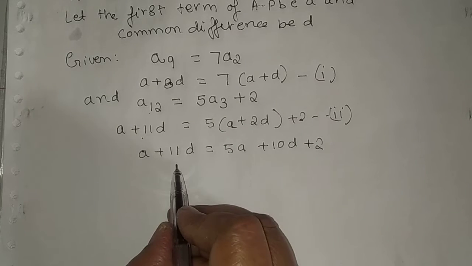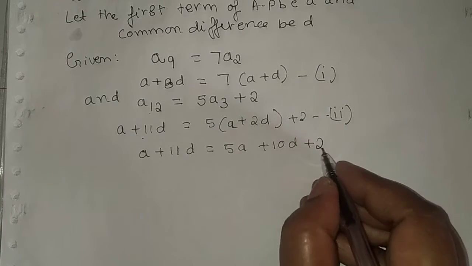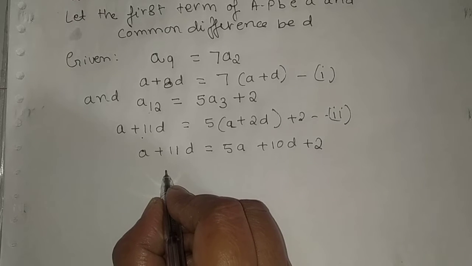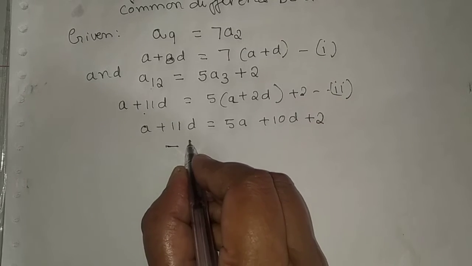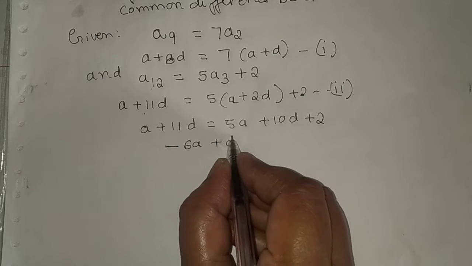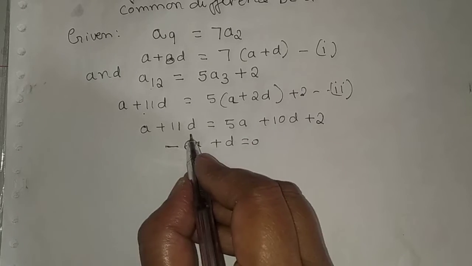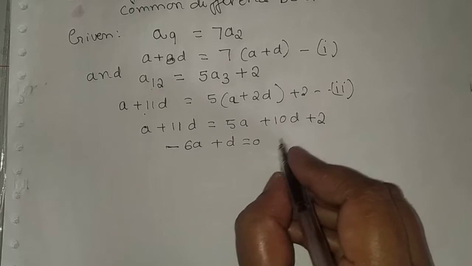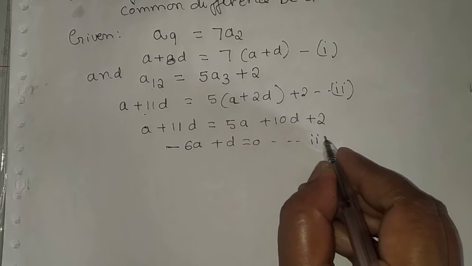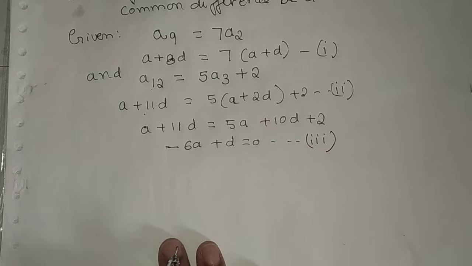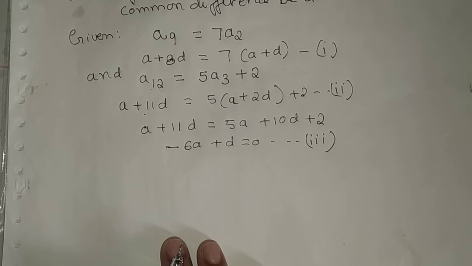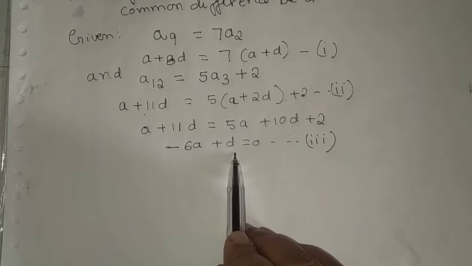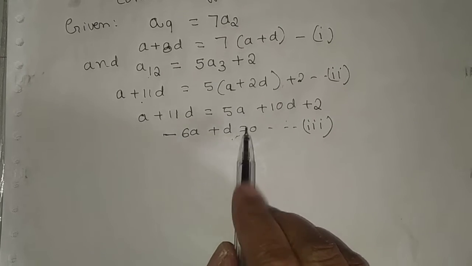So now we will simplify all these things. By simplifying we get minus 6A plus D is equal to 0. Keep this one as equation 3. So two statements in the problem, we made it two equations.